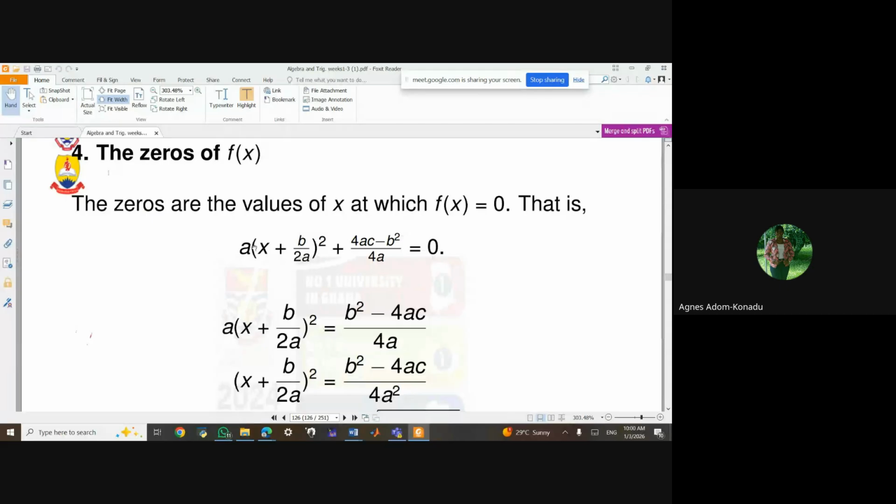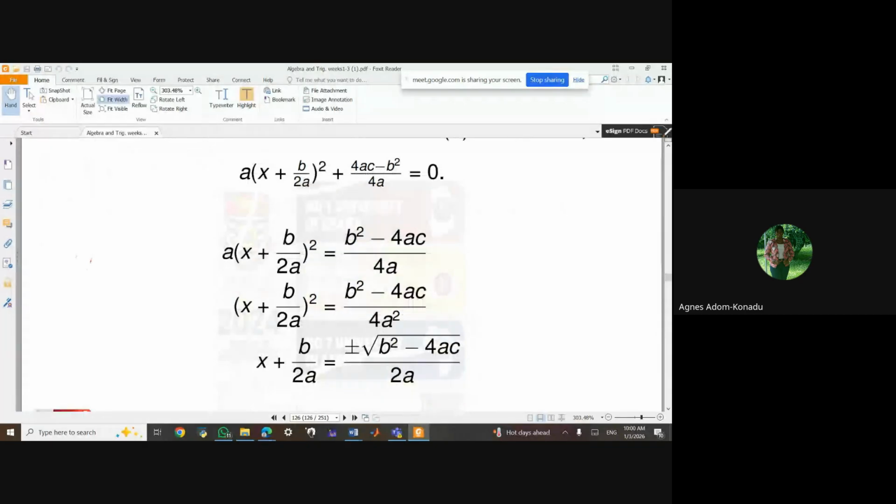So I have a into bracket s plus b over 2a, all squared, plus 4ac minus b squared over 4a equal to 0. So I simplify, as I said, you are experts in simplifying.